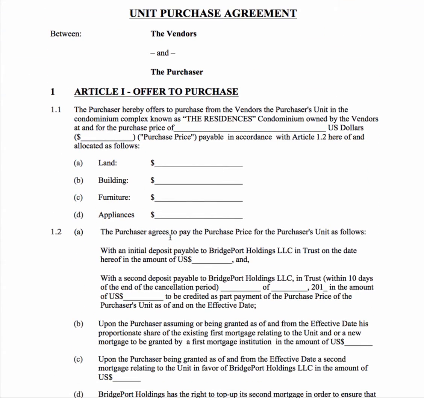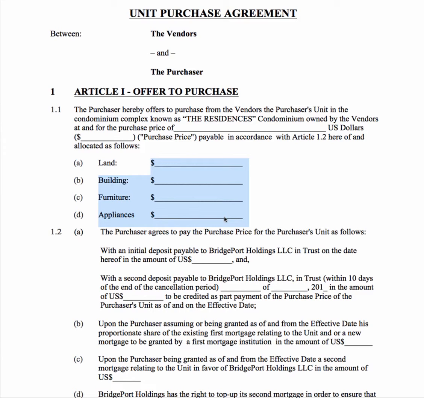Now the unit purchase agreement per se. You are hereby offering to purchase, for X number of dollars in US dollars, the following property. What we've done here is separated this acquisition into four different asset bases. The first one is land, building, furniture, and appliances.